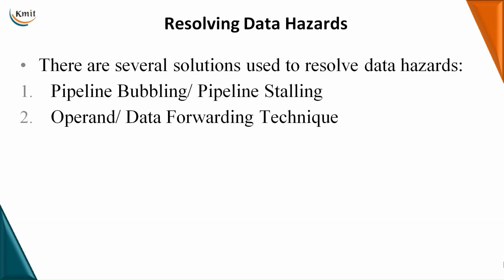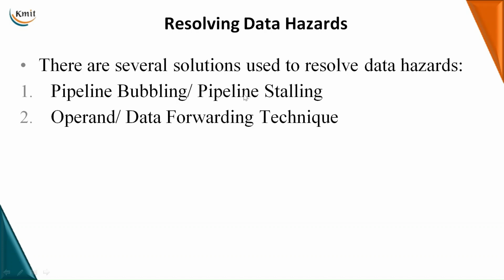We have already seen the different types of data hazards, such as read after write, write after read, and write after write. There are three types of data hazard situation, and we have seen them with examples. Here we are going to discuss how to resolve the data hazards in a pipeline. There are several solutions used to resolve the data hazard situation, and two of them are the pipeline bubbling or pipeline stalling method, and operand forwarding or data forwarding technique.